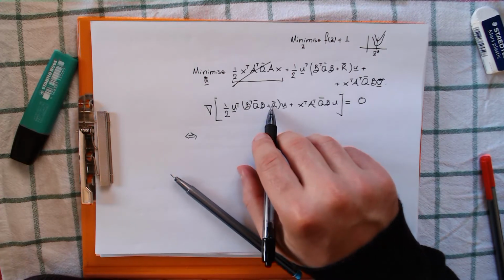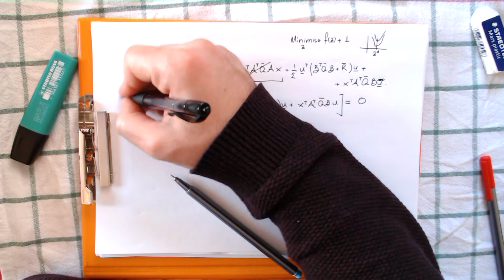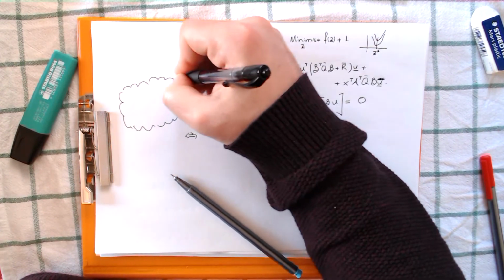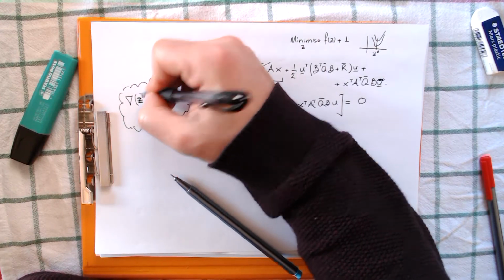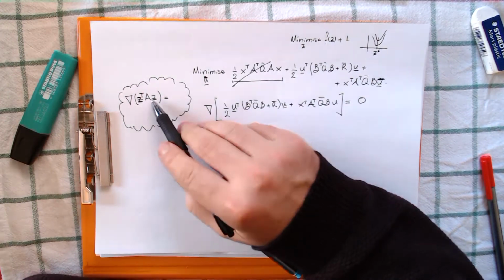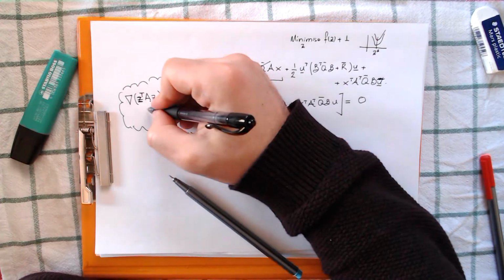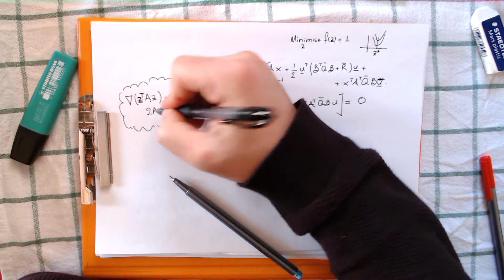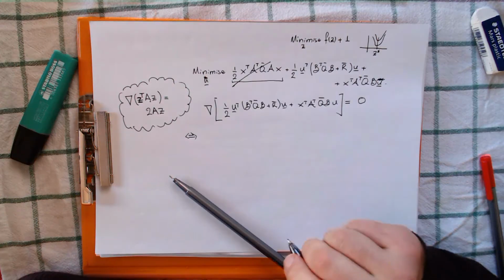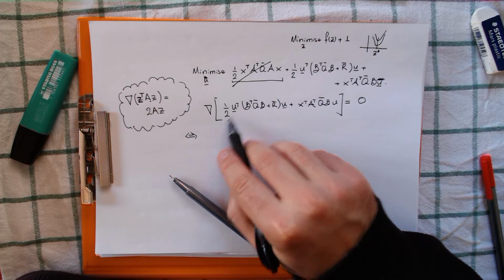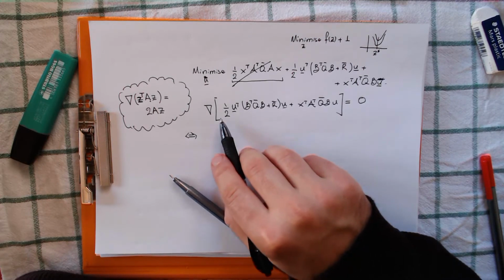This is a symmetric matrix. Let me remind you that actually. This is very useful. We will be using that all the time. If A is a symmetric matrix, this is equal to 2AZ. 2 with 1/2, the 2's get eliminated.